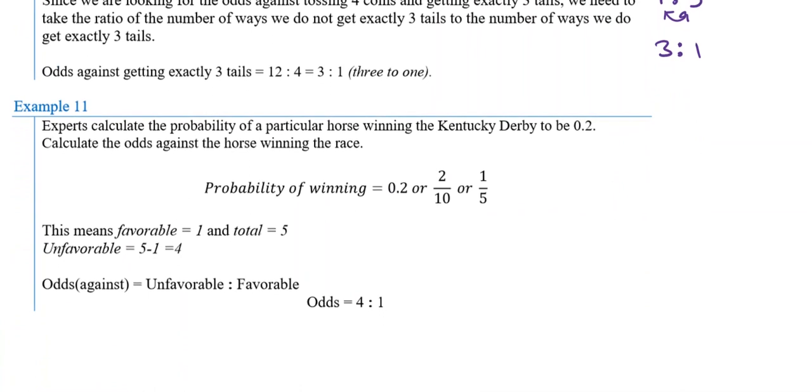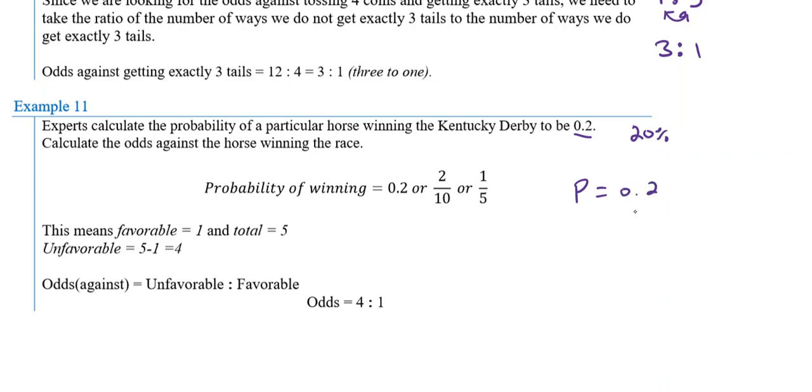Experts calculate the probability of a particular horse winning the Kentucky Derby to be 0.2. So 20% is another way of saying that. Calculate the odds against the horse winning the race. All right, so let's see what we're looking at here. If we have a probability of 0.2, let's think about what that means.